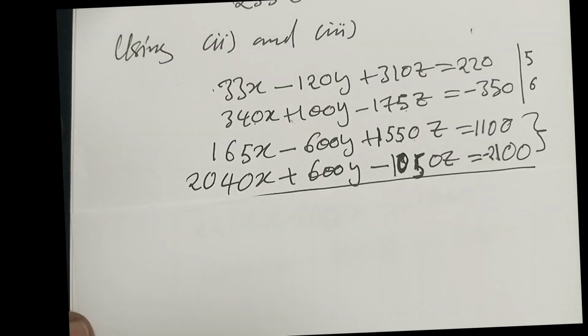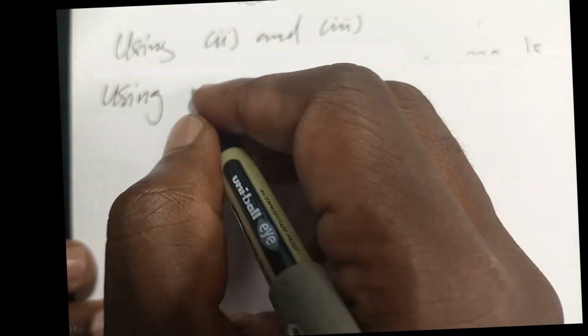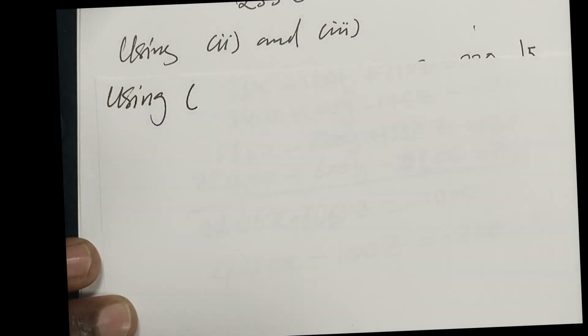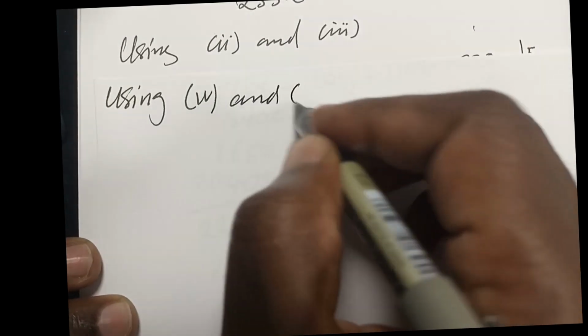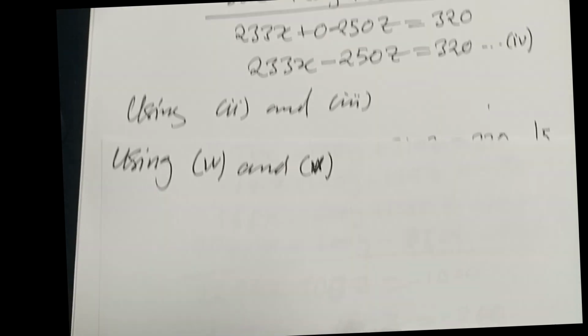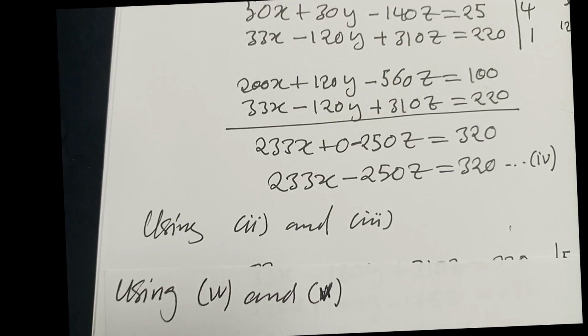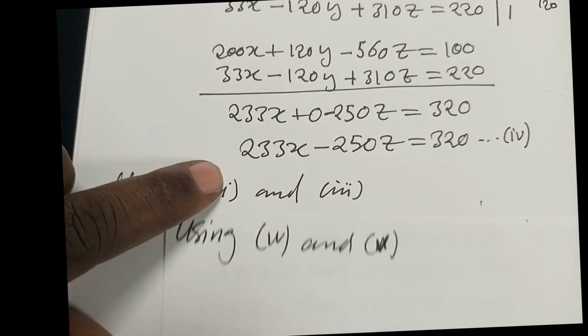After having equation number 5, we can say using equation number 4 and number 5. So using these two equations, what is equation number 4? Equation number 4 is right here.